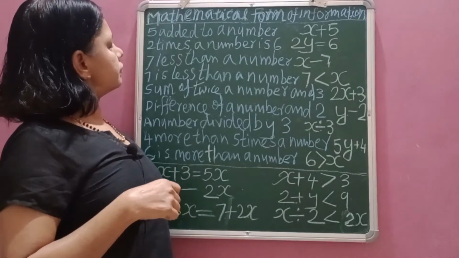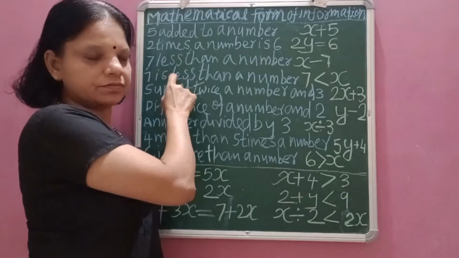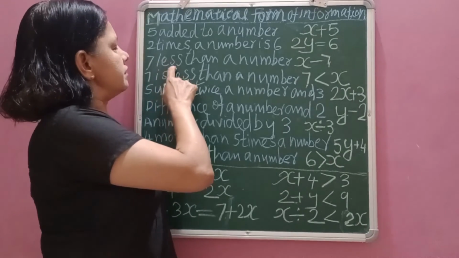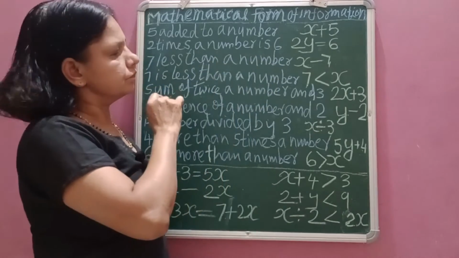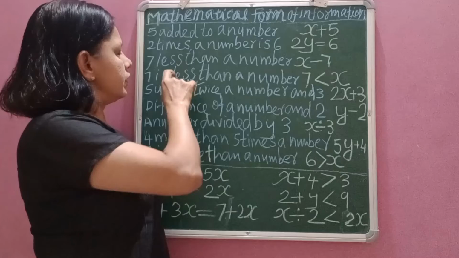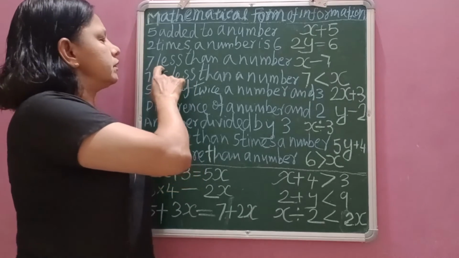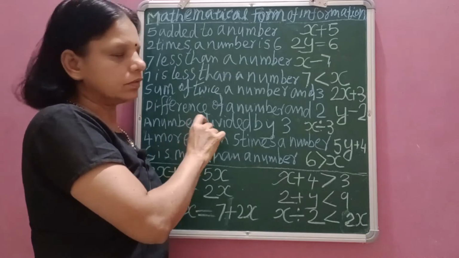Clear? Next one. Listen carefully the sentence or phrase. 7 less than a number. Here you will get confused. You will be feeling that less than sign to be used, but not that.